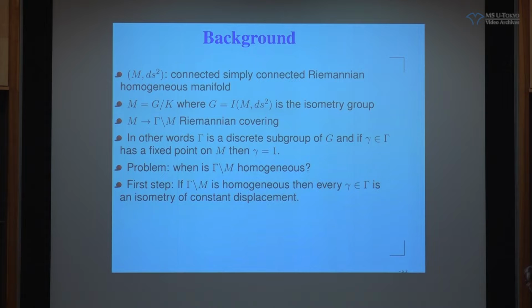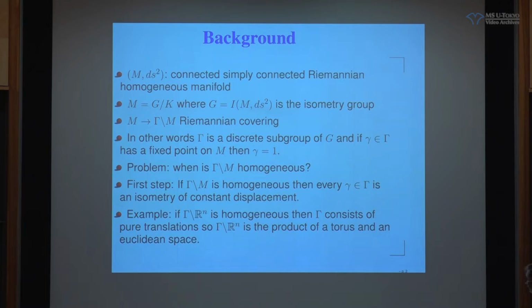So the first step, that's what I talked about, the isometry being constant displacement. And let's look at a trivial example where we start out with Rn, the Euclidean space with the usual Euclidean metric. So what would it mean for every point isometry to have constant displacement on Rn?